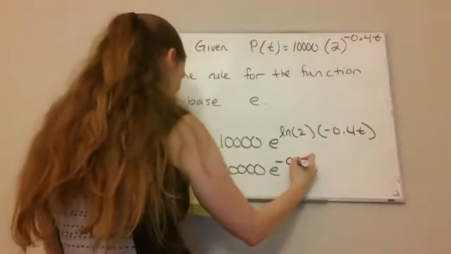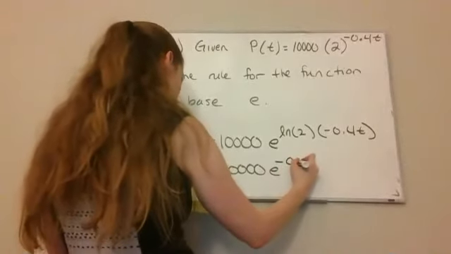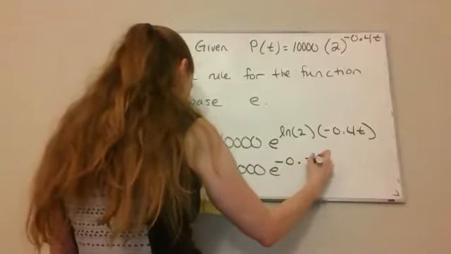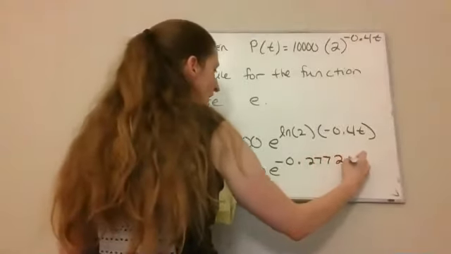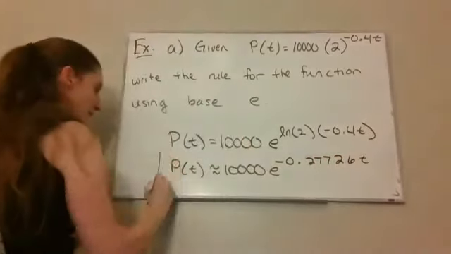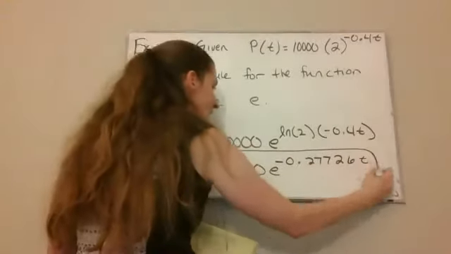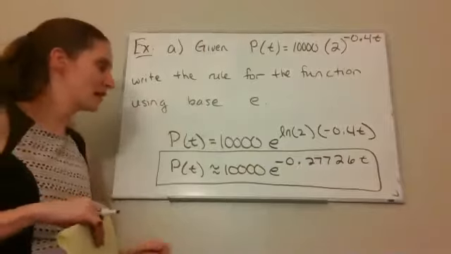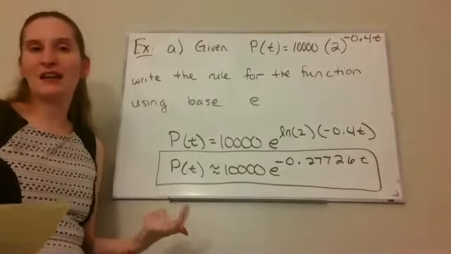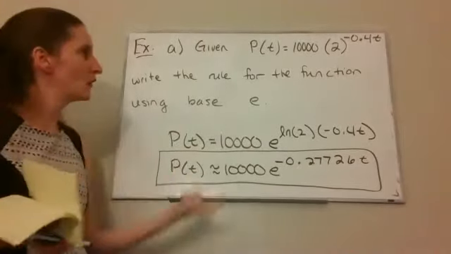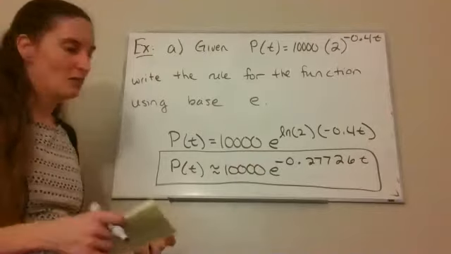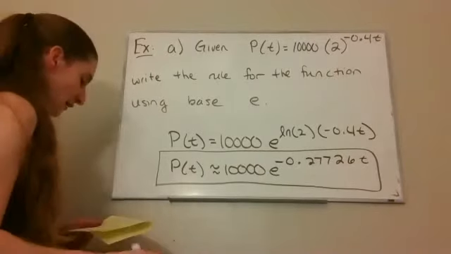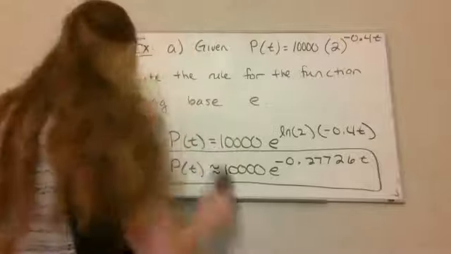And I get 10,000 times e to the negative 0.27726 t. So this is my same function as what I have up here, just rewritten with base e instead of base 2. And those look very, very different, but they actually are going to get us the same exact values.